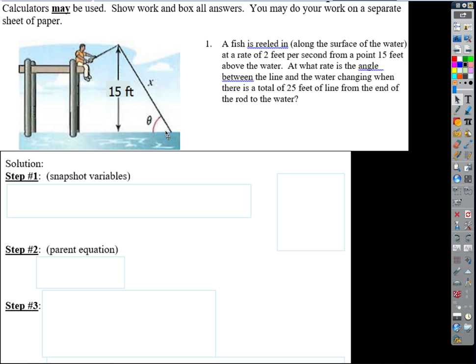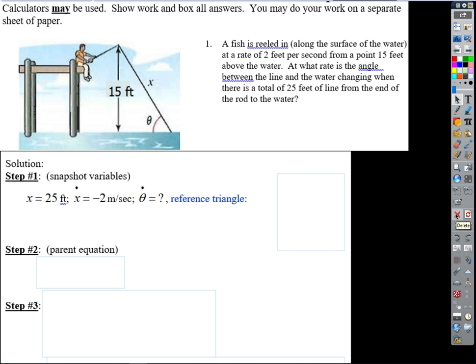So we want to know at what rate the angle between the line and the water, so there it is, theta, is changing when there's a total of 25 feet of line from the end of the rod to the water. Okay, so the variables are already defined for us, right? Everybody agree our snapshot values of the variables are these?